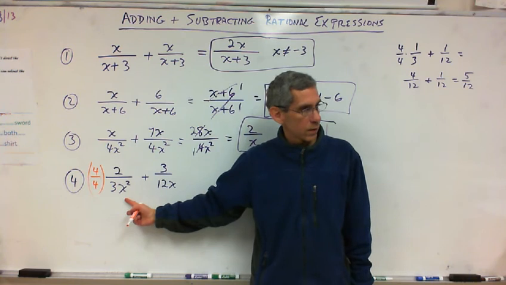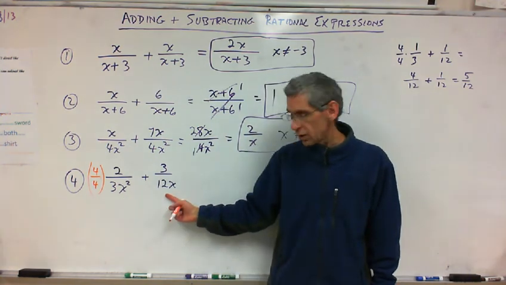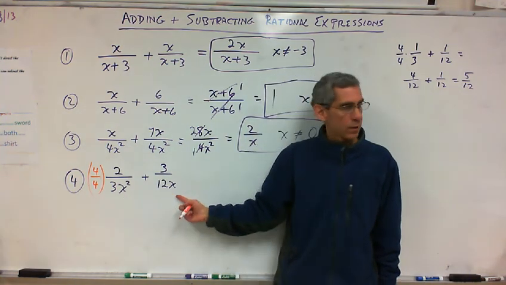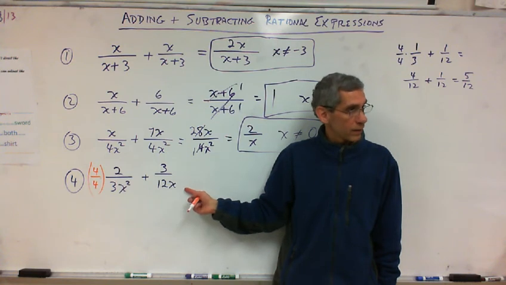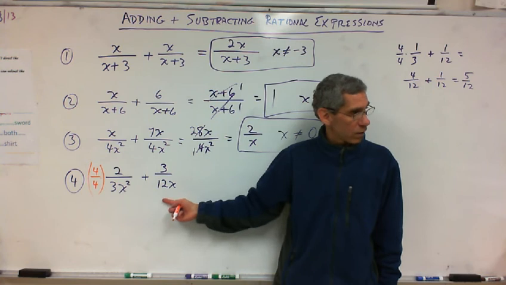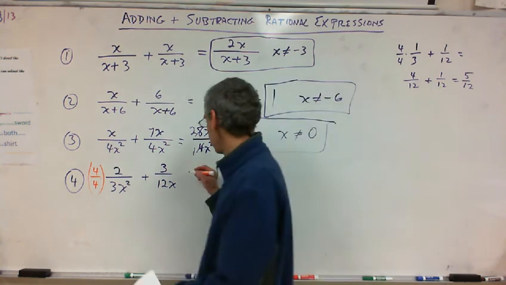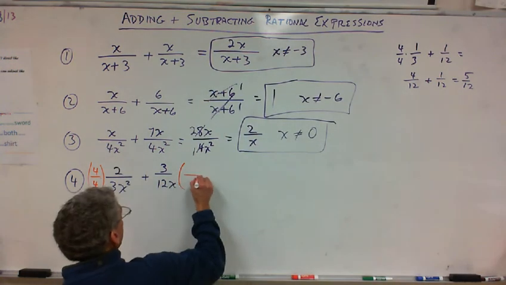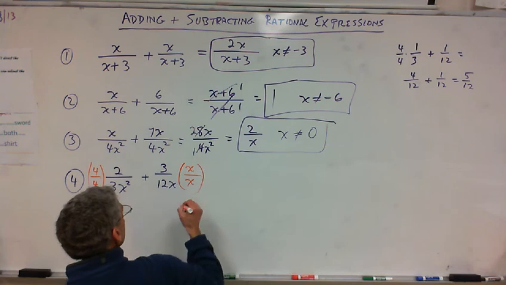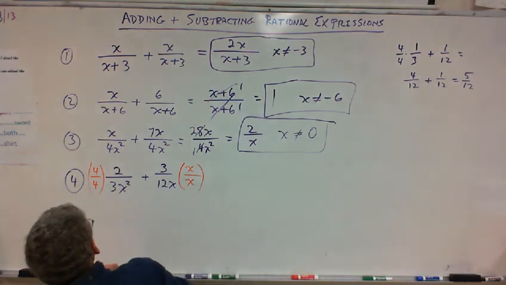You guys with me? But look over here. I only have 12x here. So what am I going to have to do on this side? If I multiply this side times x, I would get 12x squared, right? So I'm going to have to multiply this side by x over x. Always it's the same thing, numerator and denominator.